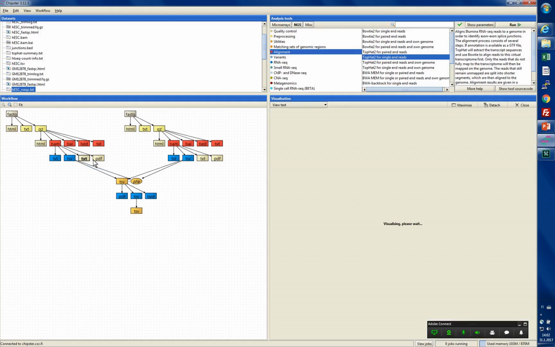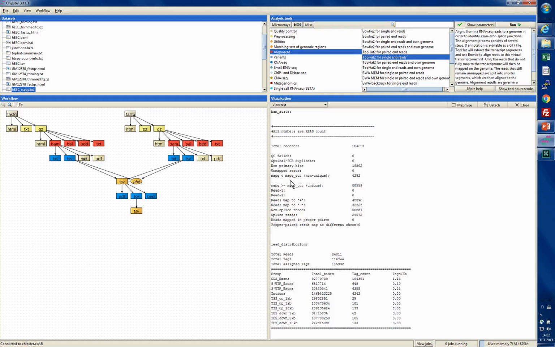To see the distribution, you would have to check the lowest part of this file, and here you can see the density, tags per kilobase. The 3 upper ones are for the exons, and then below here on the 4th row you can see it for the introns. So it's higher for the exons, and that is what we expect. So that seems to be fine.